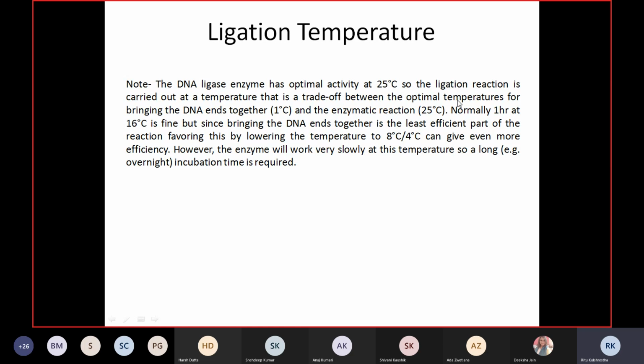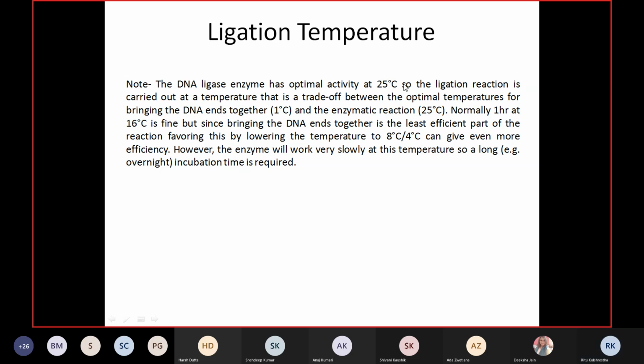But if our idea is just to get the two molecules together, you know that in cold temperature there will not be much movement of these DNA molecules, and they will be more comfortably close to each other as compared to a higher temperature. So should I put my ligation reaction at very low temperature? Yes, 4 degrees or 8 degrees have been standardized.